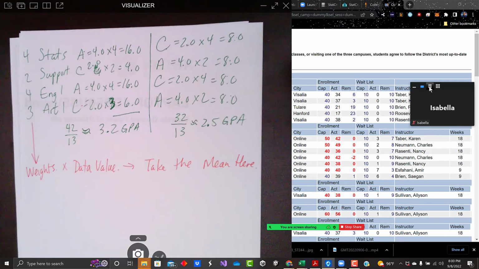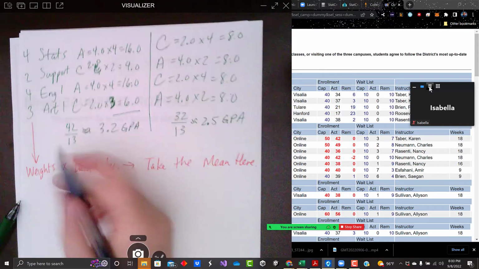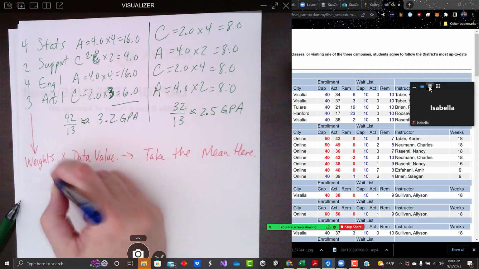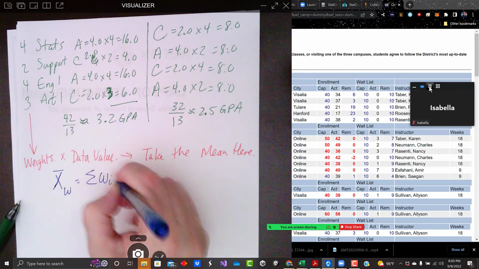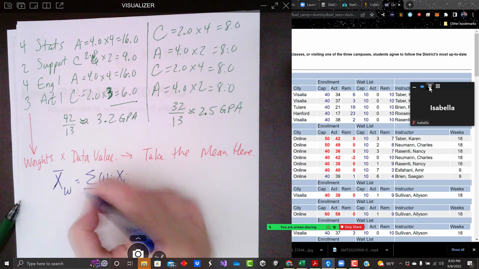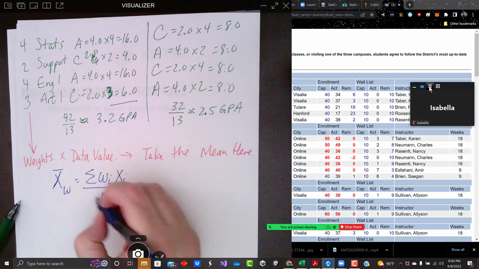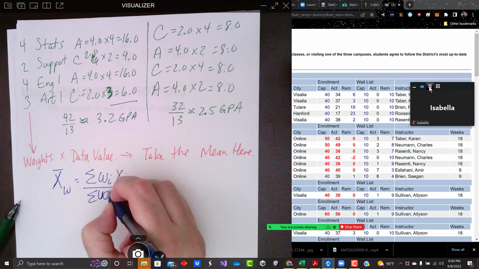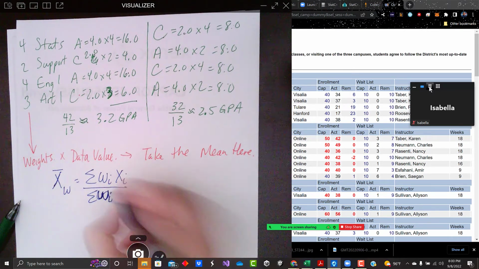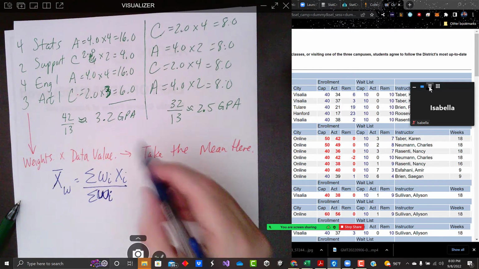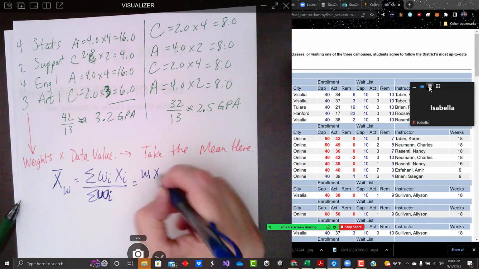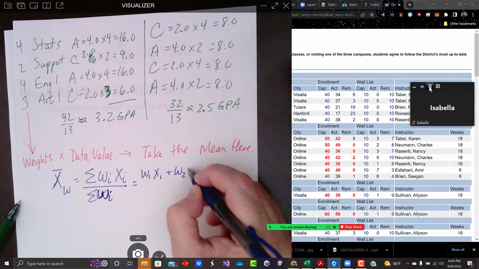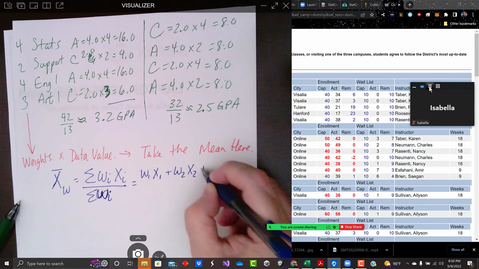And that's it. Oh, well, I guess I could show you the fancy formula they give you. They say x bar weight is the sum of weight i times x i, then divided by, sorry, divided by the sum of weight i. Which is what we did. We took weight 1, multiplied it by the first grade value, plus weight 2 times the second grade value.